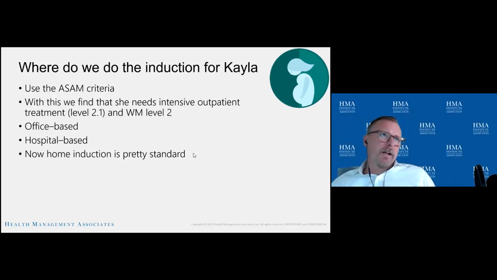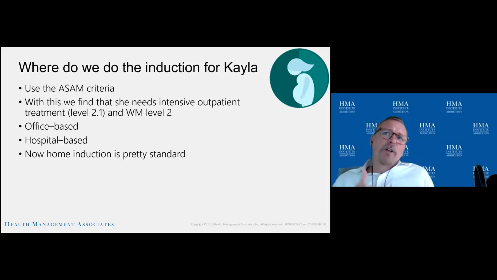Let's see, where would we do an induction for Kayla? So the first thing is that we had talked at the beginning about doing a screening and an assessment. The assessment says presence of disease and severity of disease, and that's helpful.